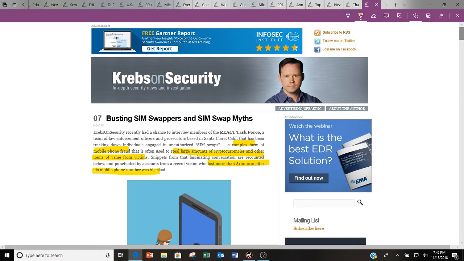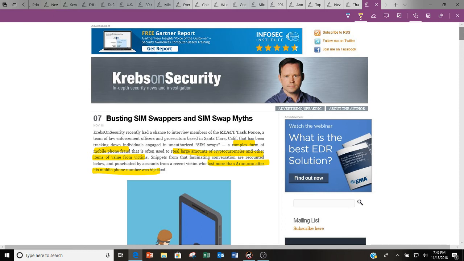I'm not going to go through the details of how it works tonight, but basically, they are able to have a person's phone number transferred to the threat actor, and then they can do bank transactions or other transactions.